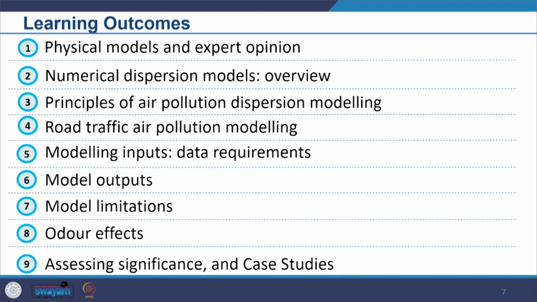You should be able to state the model limitations. So, when you are using a certain kind of tool, you should be able to tell about its limitations and then accordingly make judgments. You should be able to review the significance of the impact identified through different methods, and you should be able to explain all of these with the help of a case study.